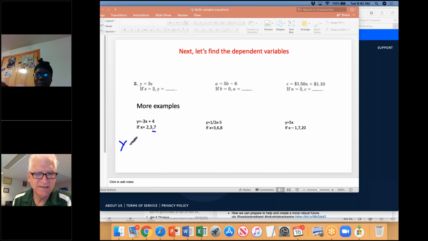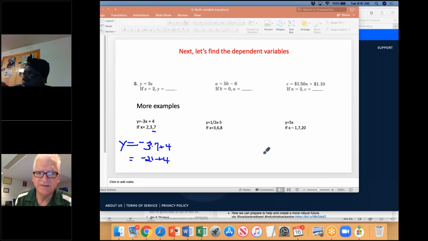So y equals negative 3 times 7 plus 4 equals negative 21 plus 4.